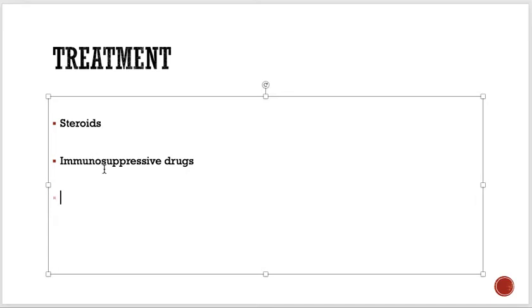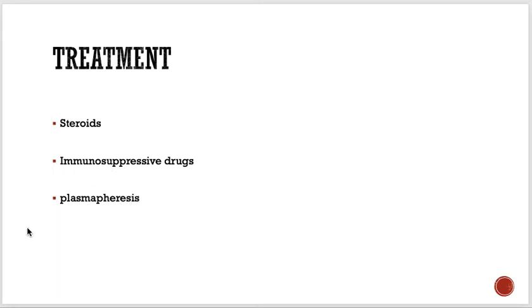Now if the condition is very severe or life-threatening, we can also consider plasmapheresis. Plasmapheresis is an urgent treatment which we can do in the case of crisis, for example someone in renal failure or someone who has pulmonary hemorrhage. You can quickly do plasmapheresis, which can control the condition in emergencies.